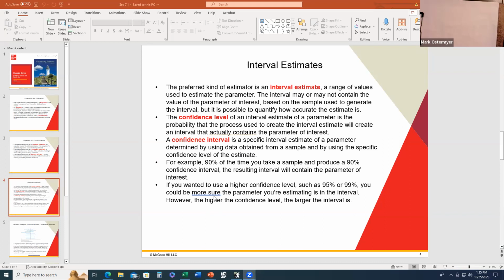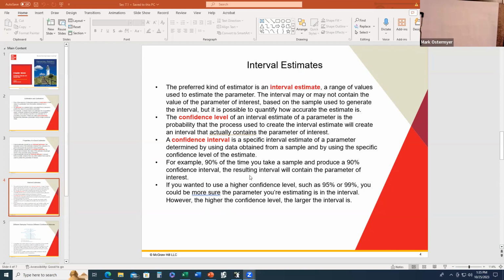For example, if we take a sample and produce a 90% confidence interval, the resulting interval will contain the unknown population parameter about 90% of the time.